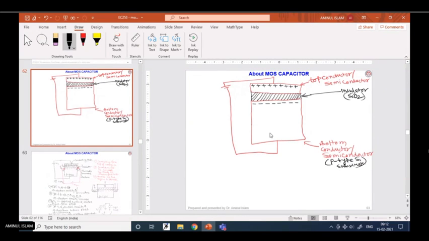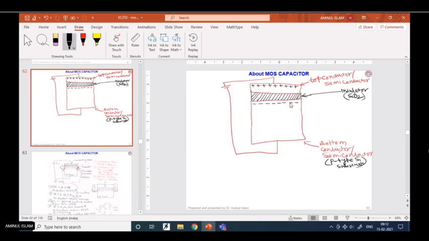Anyway, so once you apply positive voltage at the top terminal, what will happen? Corresponding to each positive charge deposited at the top terminal or top material, there will be negative charges at the bottom terminal. That happens in capacitor. I hope you are aware of this.